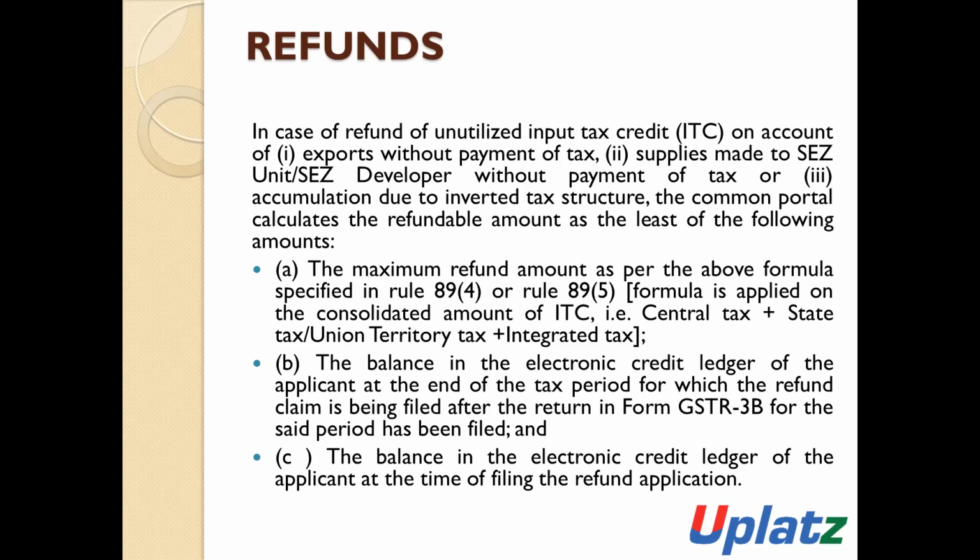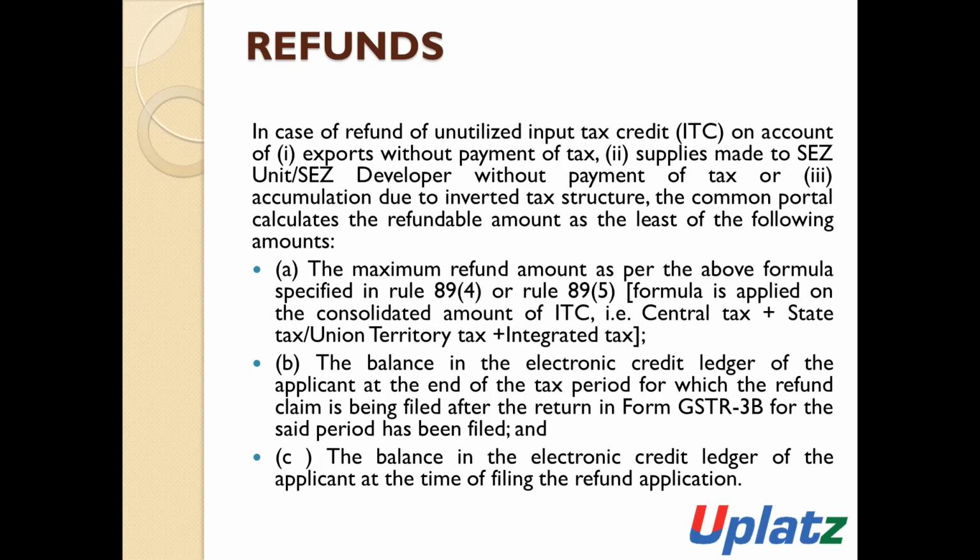Number 2, the balance in the electronic credit ledger of the applicant at the end of the tax period for which the refund claim is being filed, after the return in the form of GSTR 3B for the said period has been filed, and the balance in the electronic credit ledger of the applicant at the time of filing of the refund application.